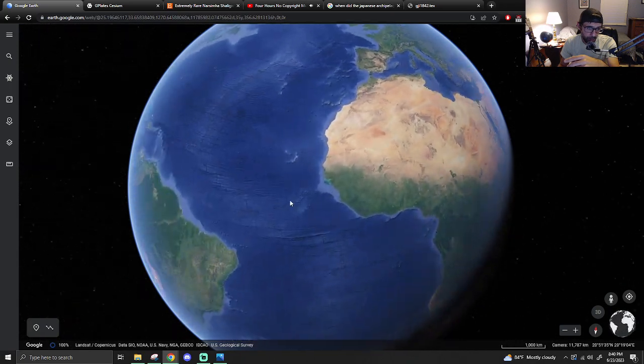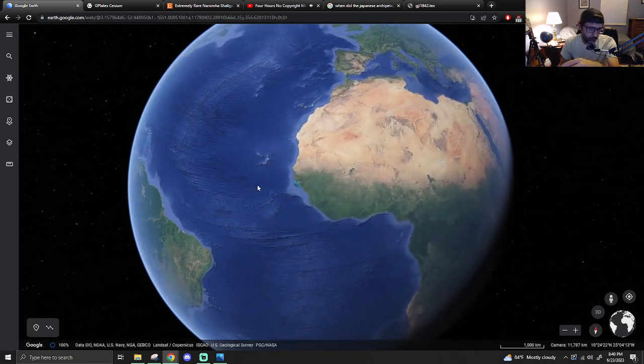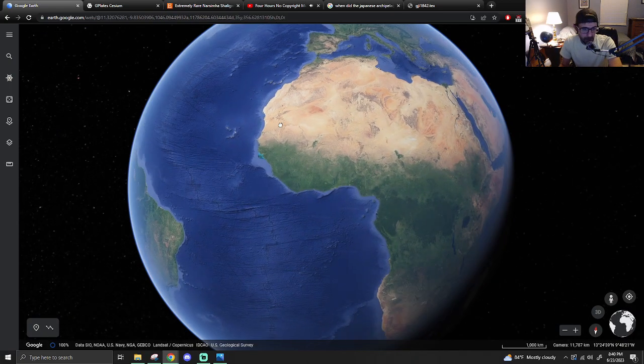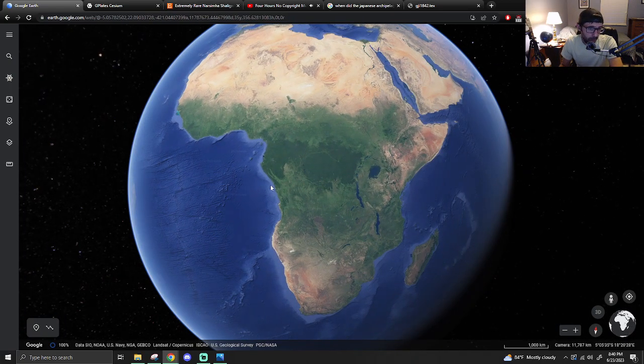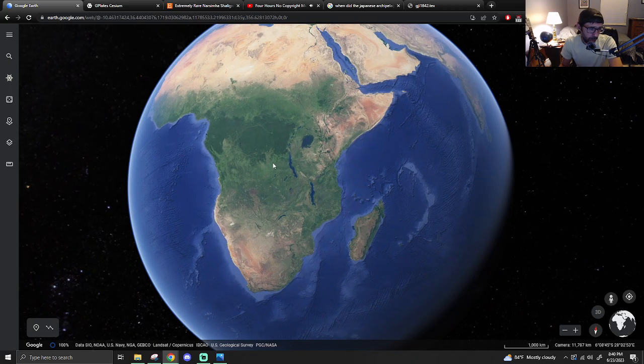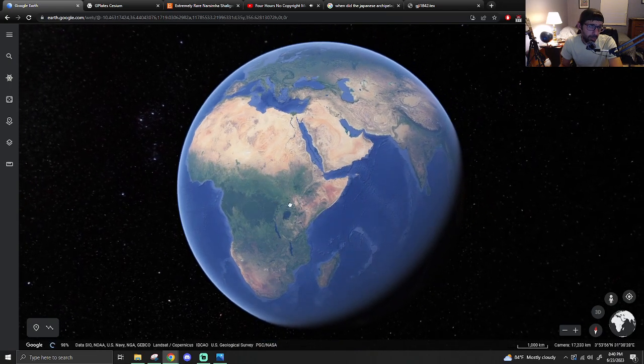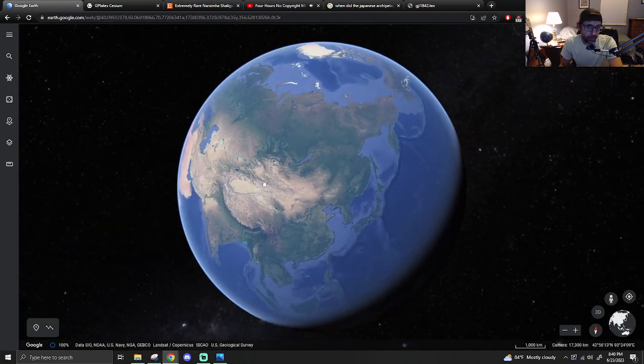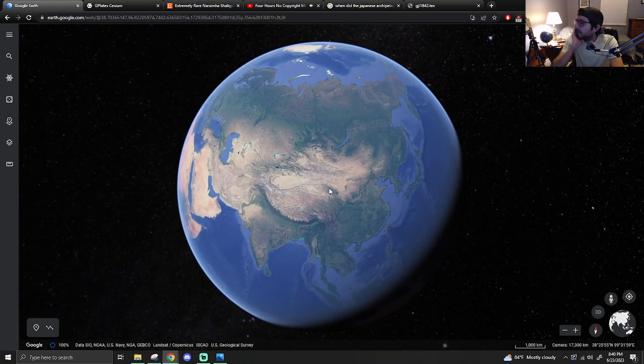Big old desert, smaller rainforest. And then maybe the inverse. Big old rainforest, smaller desert. I don't know. Okay, this is long enough, I guess.